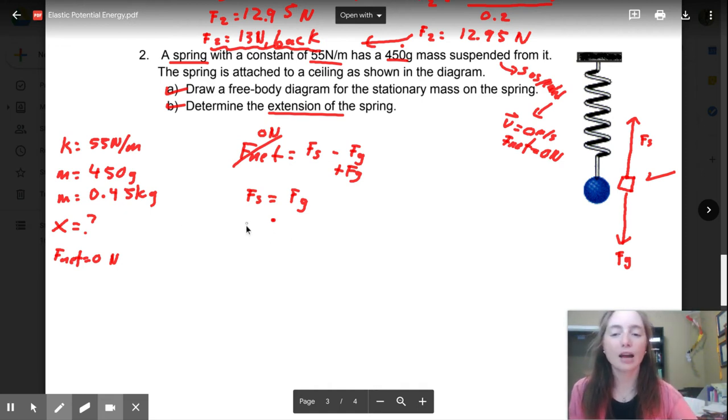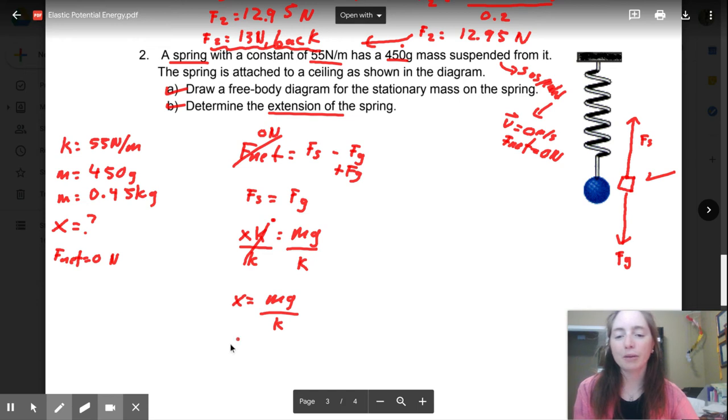So Fs I know is equal to xk, and I know Fg is equal to mg. So here, what I'm going to do now is, well, I need to find x, so I'm going to divide that by k. And so x is equal to mg divided by k.